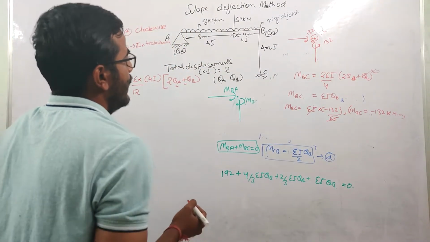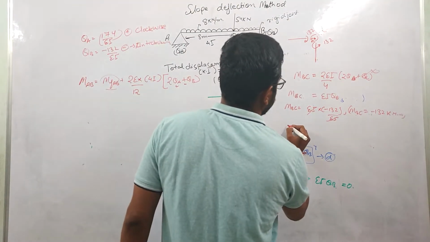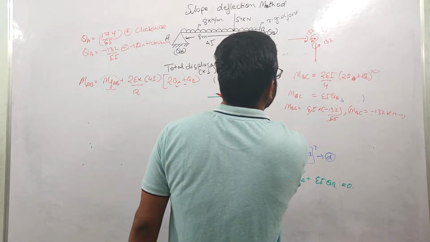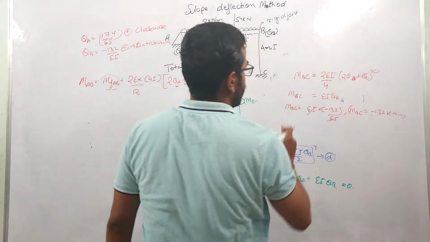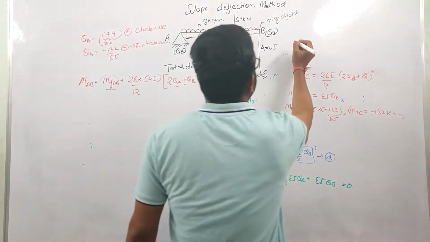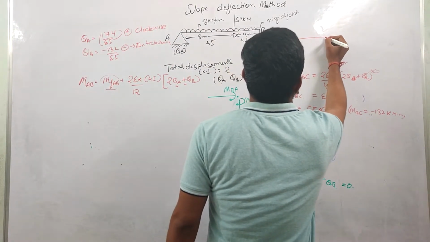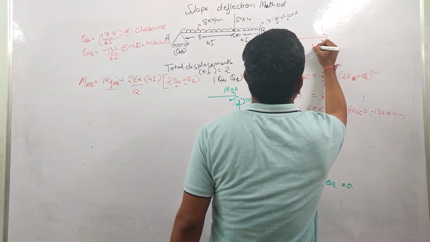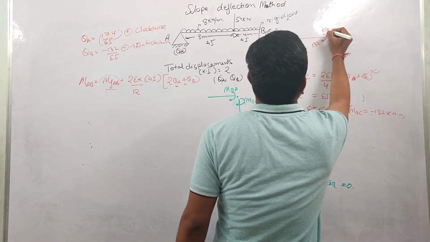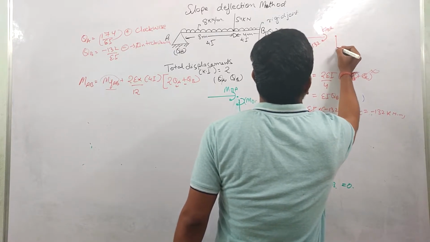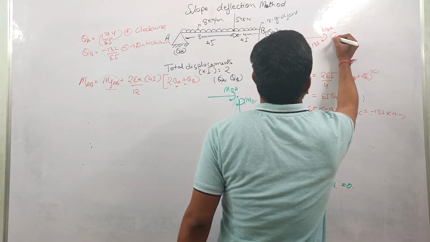So this is MBC, basically minus 132. And this is MBA basically, right? So there will be anti-clockwise.